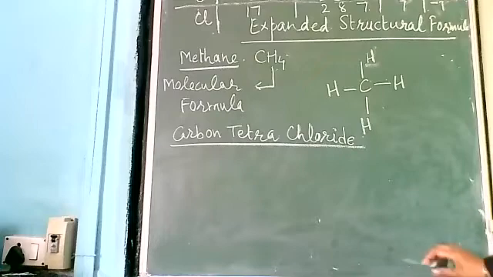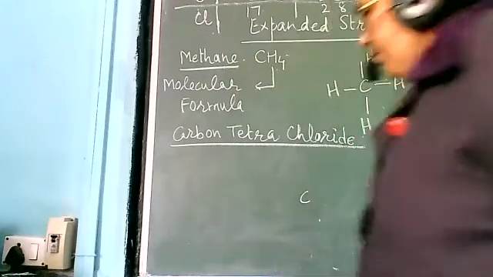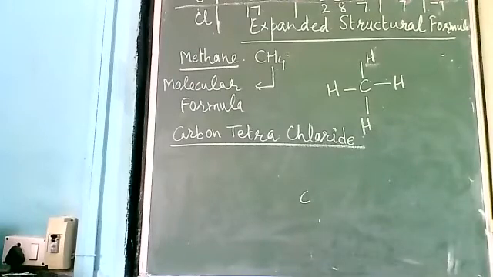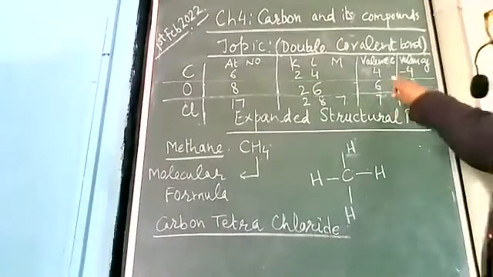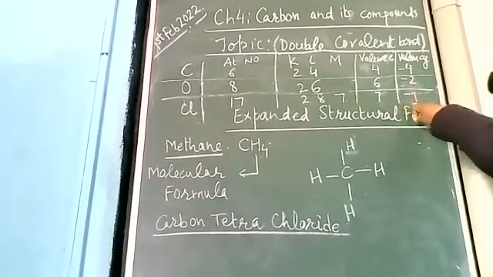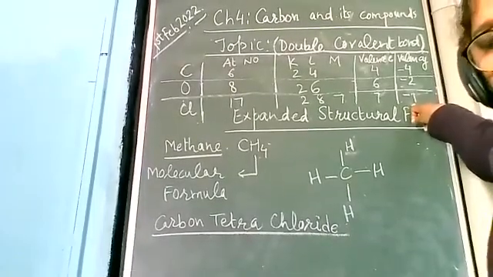So carbon tetrachloride, here also chlorine 4 atoms are there. Why are 4 atoms there? कार्बन को 4 इलेक्ट्रॉन चाहिए, valence shell में. कार्बन को 4 इलेक्ट्रॉन चाहिए और क्लोरीन को कितने चाहिए? 1.